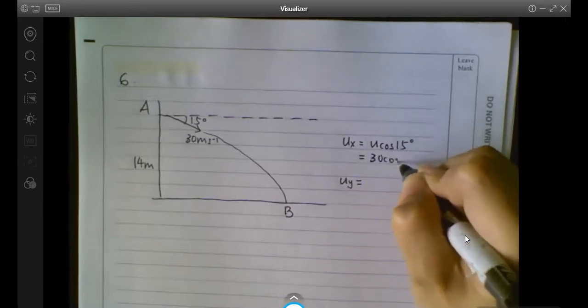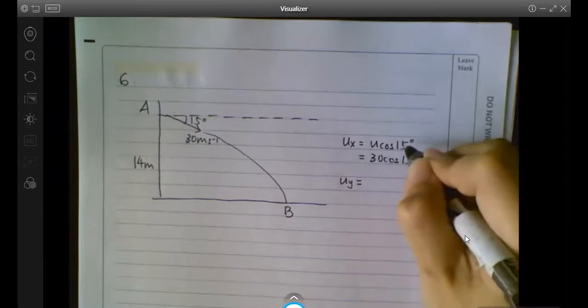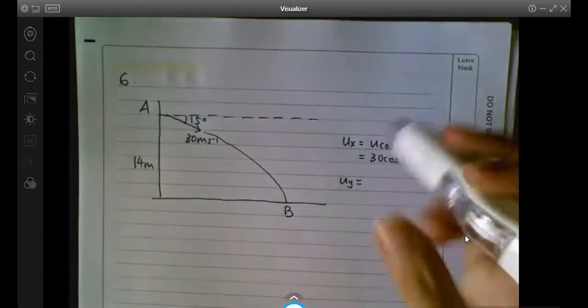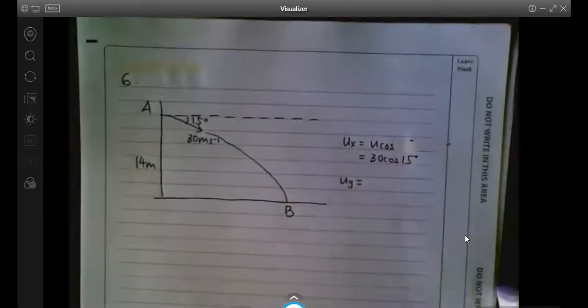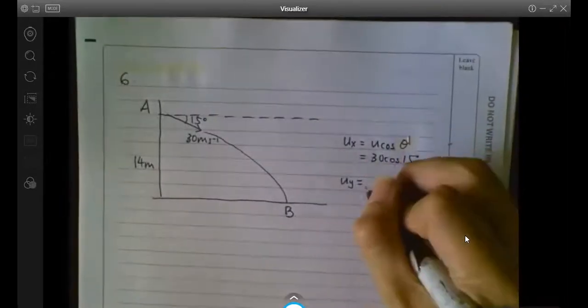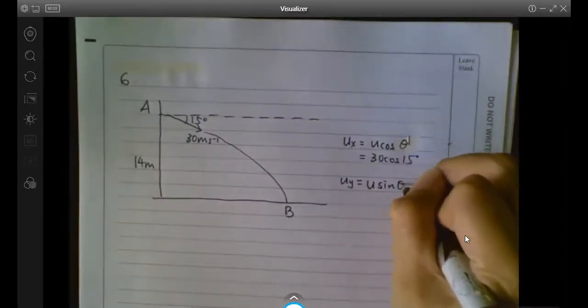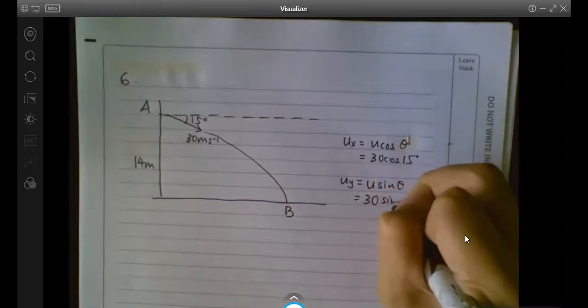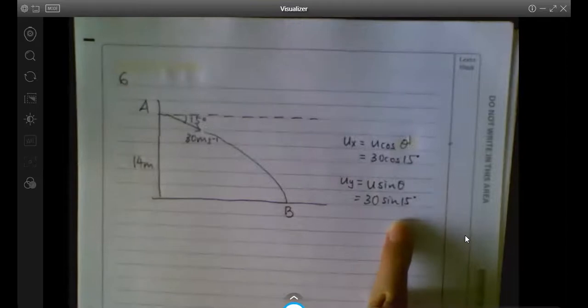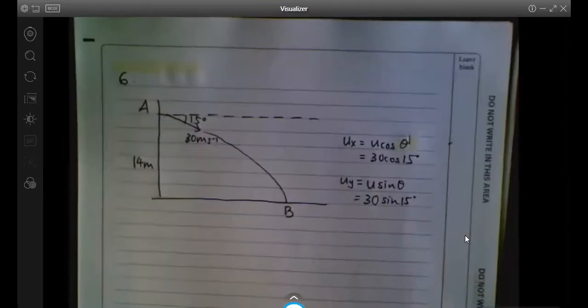UX is 30 cosine 15 degrees. Multitasking. The formula and then the numbers. If you can directly write, that's fine. UY is U sine theta, 30 sine 15. You can press the calculator or leave it this way because it will be more accurate.